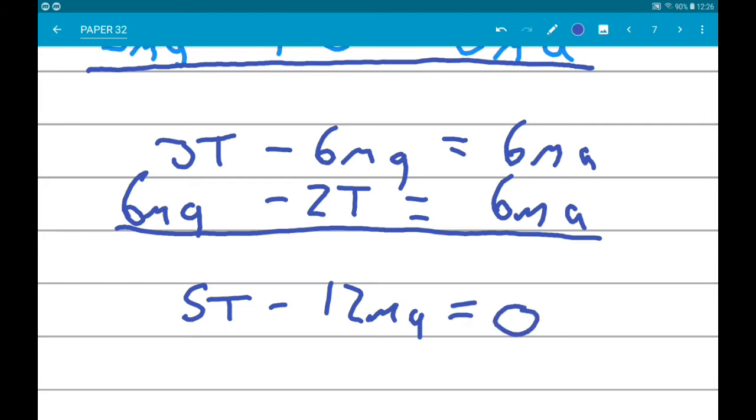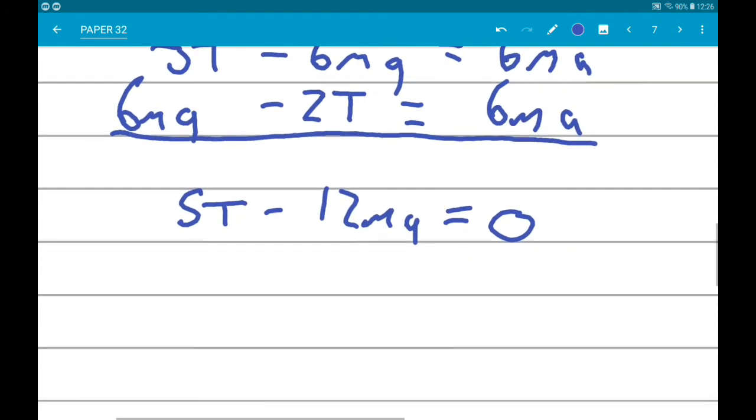Add 12mg, divide by 5. T is 12mg over 5. Boom.